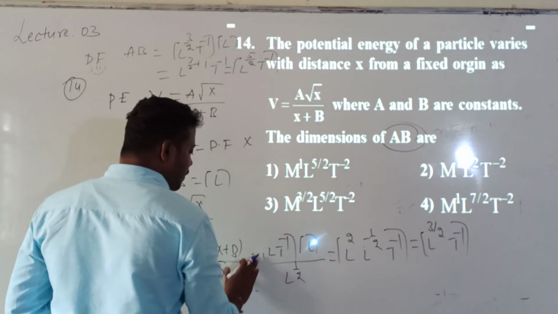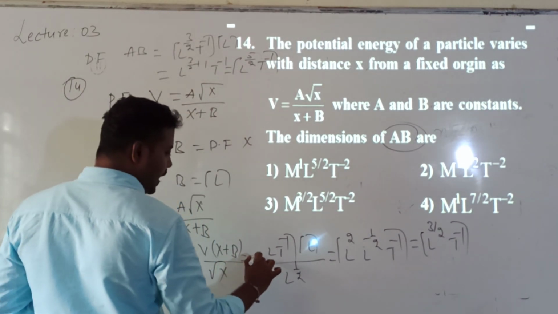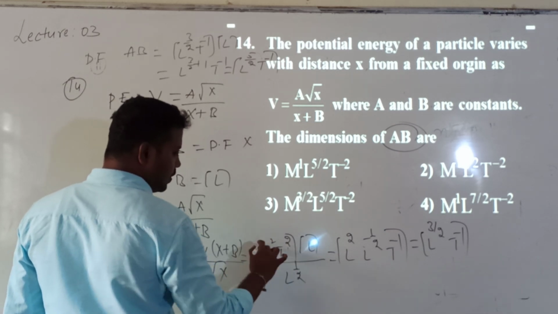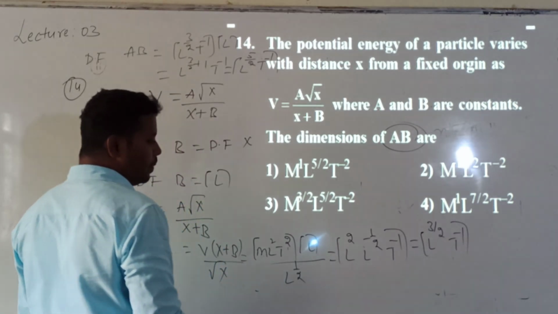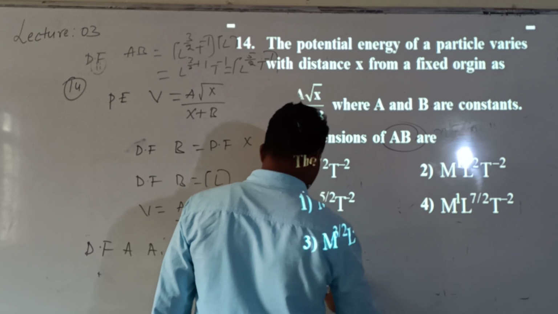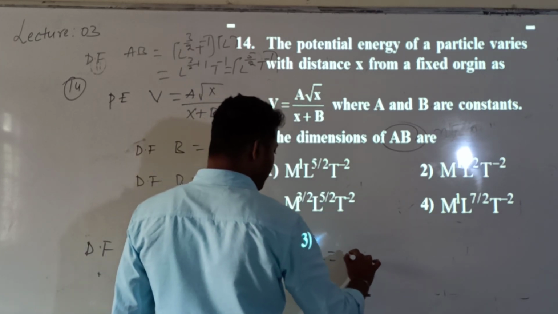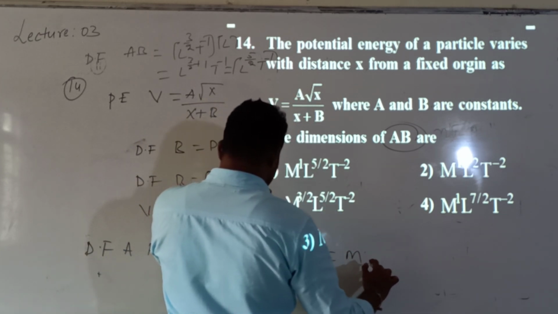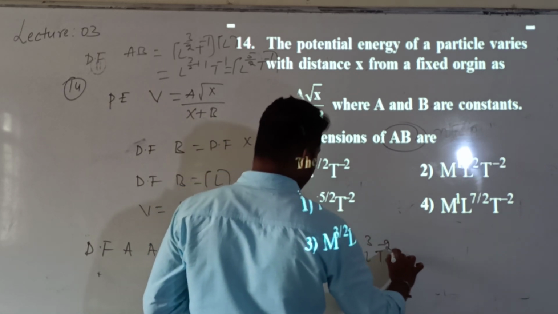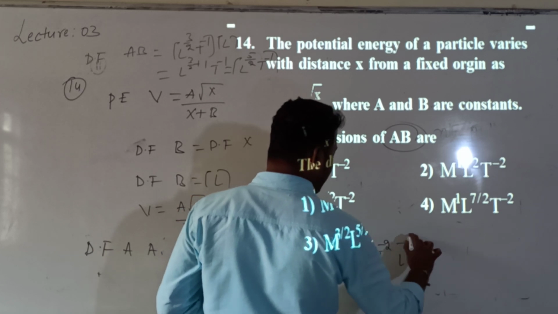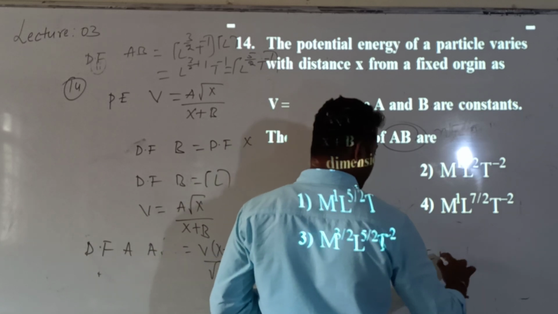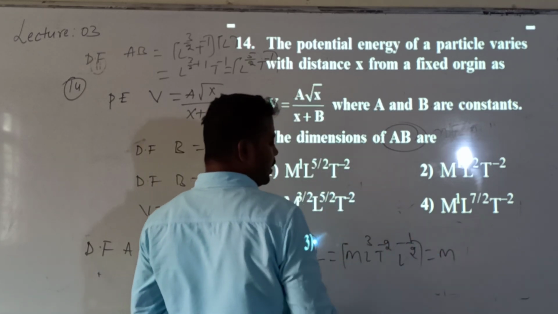So the potential dimensional formula is given by M L square T power minus 2, divided by L power 1 by 2. So here what I will get is M, L cube into T power minus 2 into L power minus 1 by 2, which is equal to M L power 3 minus 1 by 2.